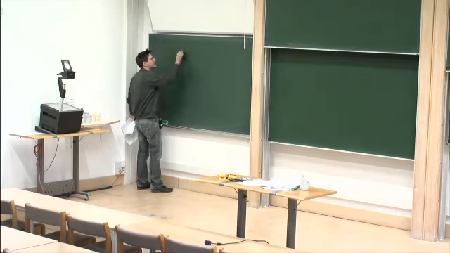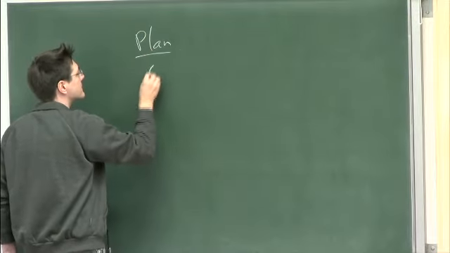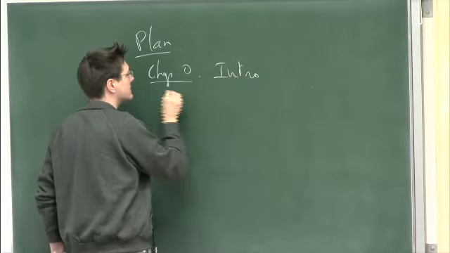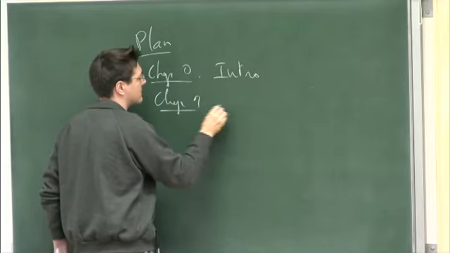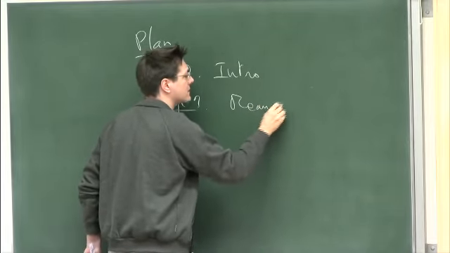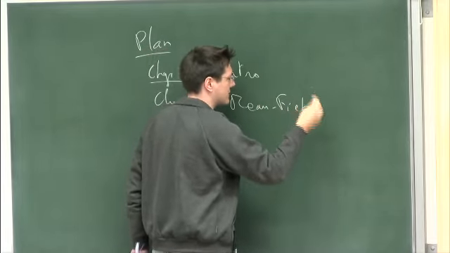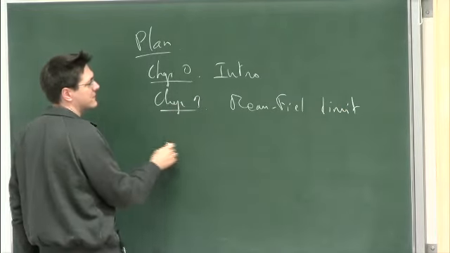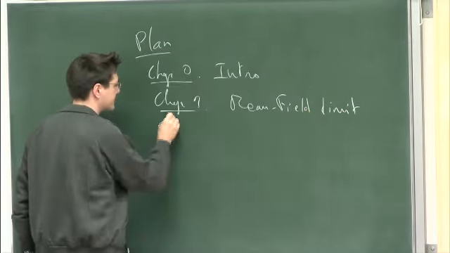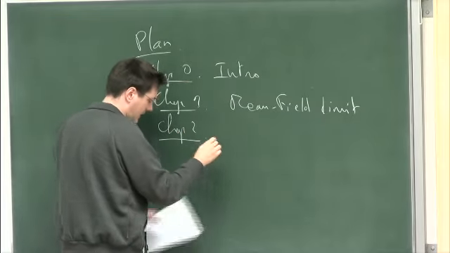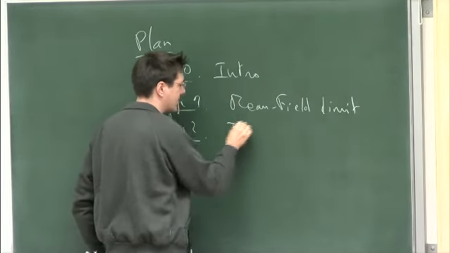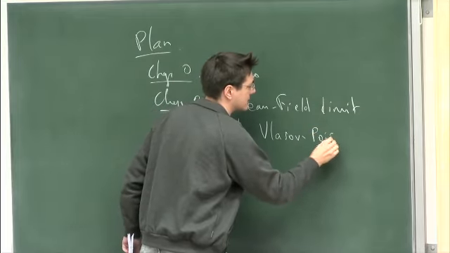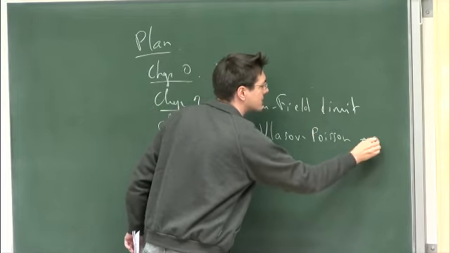So first let me recall what we have done so far. I've spent some time on introduction about the Landau damping phenomenon. We have spent some time on the mean field limit, and then on the Vlasov-Poisson equation itself, which is the model I'm using all along this lecture.